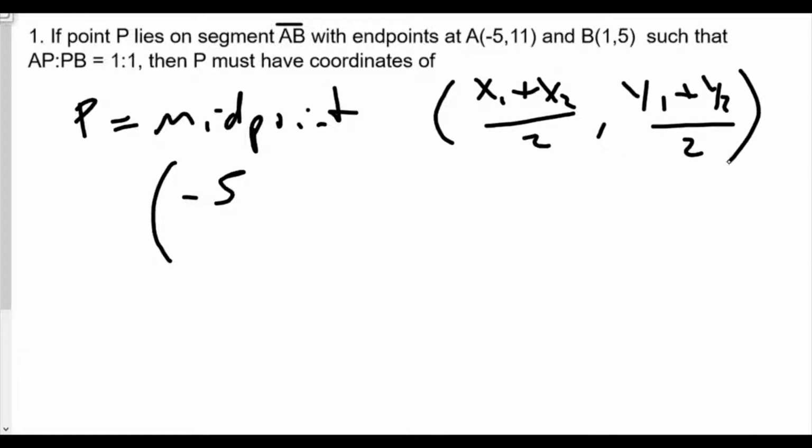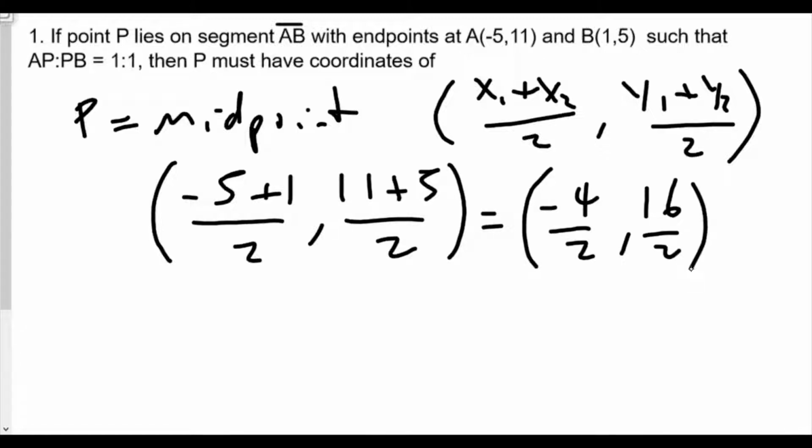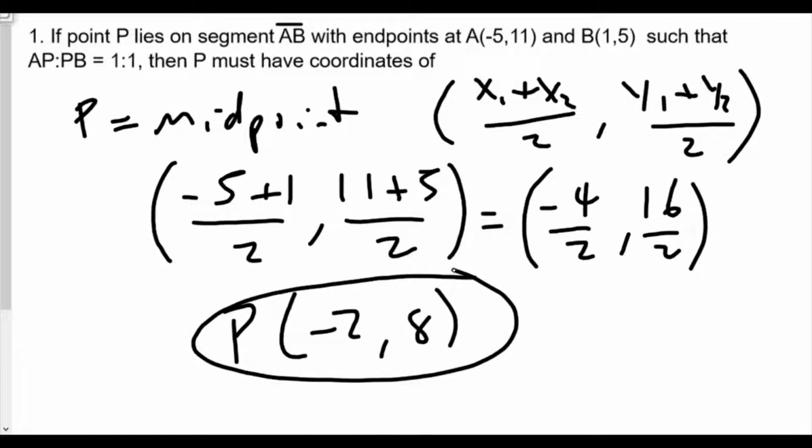We take -5 plus 1 and divide by 2, and 11 plus 5 and divide by 2. We get -4 over 2, comma 16 over 2, which simplifies, so point P is at (-2, 8). I'm pretty sure you had no problem with this, but again, reviewing.